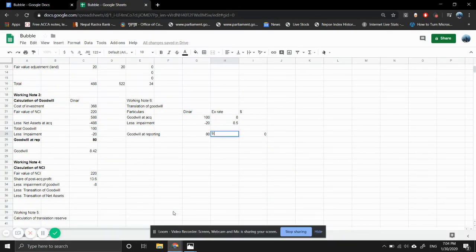So 9.5 is the closing rate, right? So what I need to do is this divided by this.